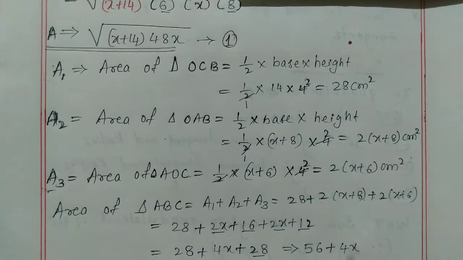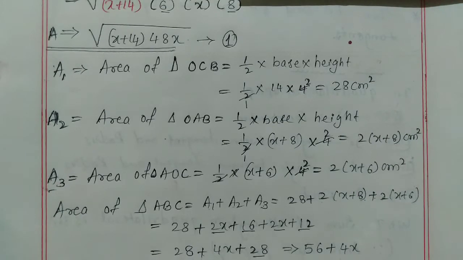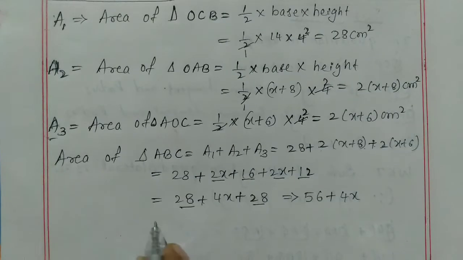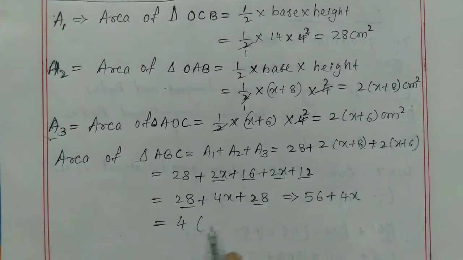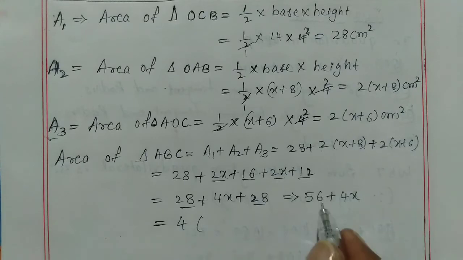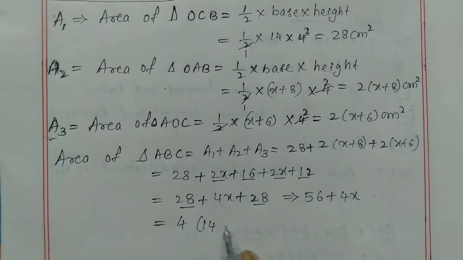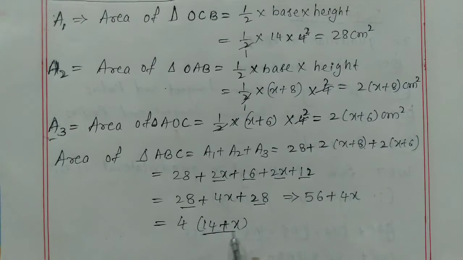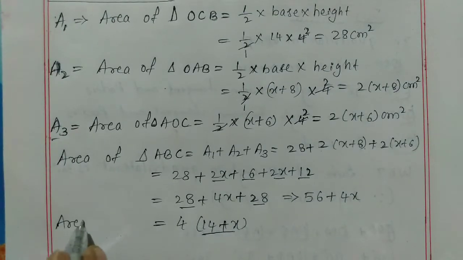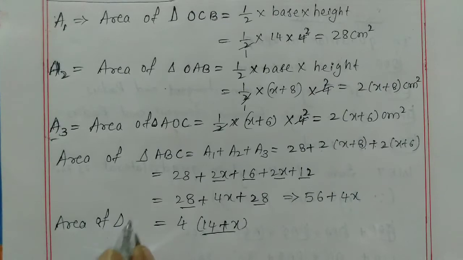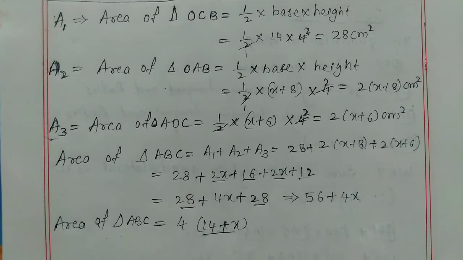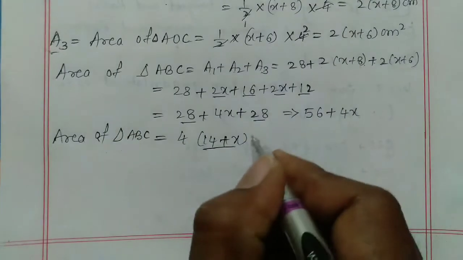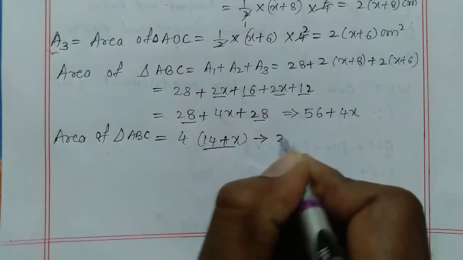What is common in these two? So I will take 4 as common. Then 4 how much? 56 means 4 times 14, plus x. I will write this as it is. Okay, so this is the area of triangle ABC. I will call this equation 2.